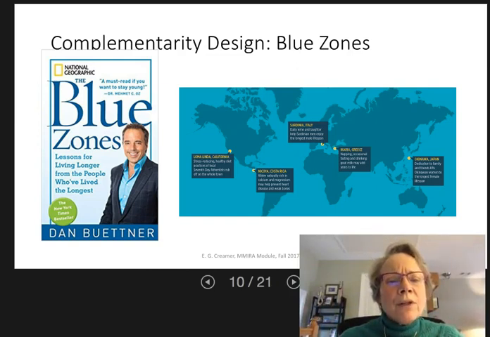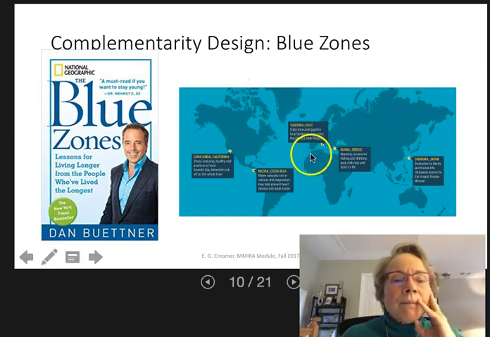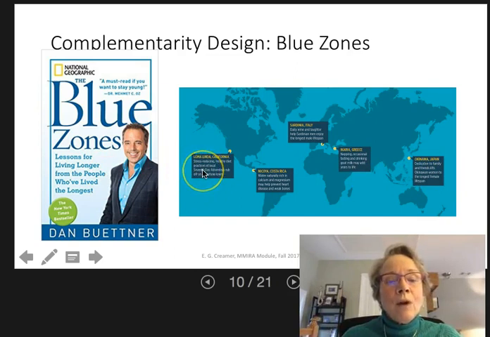They started originally with one here in Italy, this one here in Sardinia, but then in later phases they expanded to, replicated the study, so to speak, and found 4 other regions, including one in California in the U.S. If you happen to be a U.S.-bound person, that might interest you.